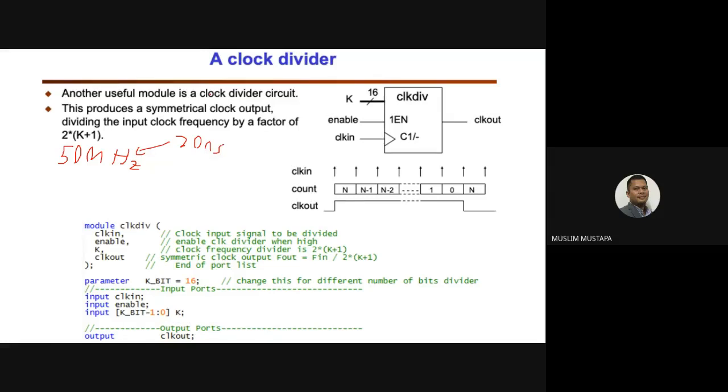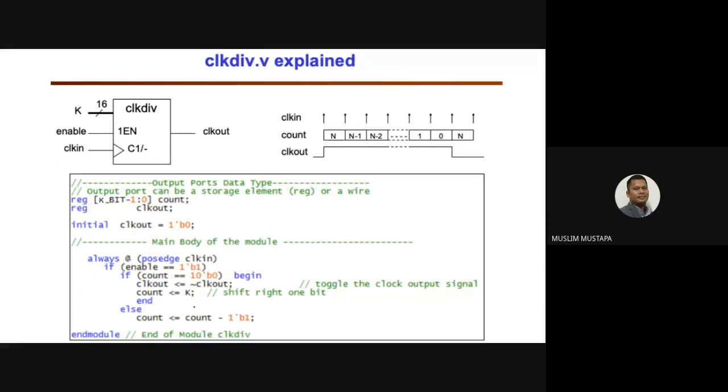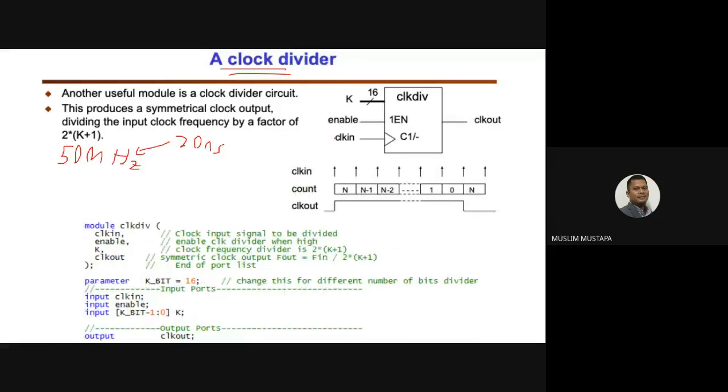So how can you do this? We are using the clock divider. Let's take an example. The circuit is almost the same. You can look later, I'm going to describe the coding. First we understand the concept. Let's say we want to make the output clock slower.